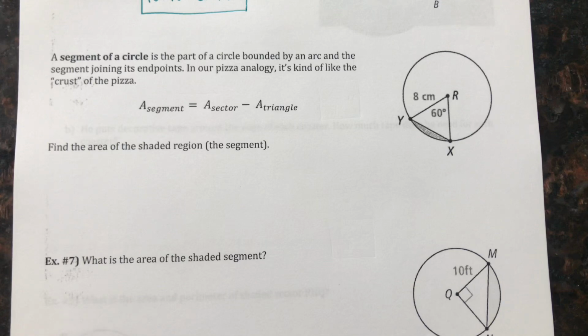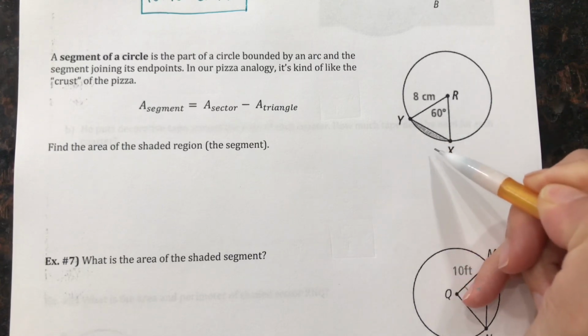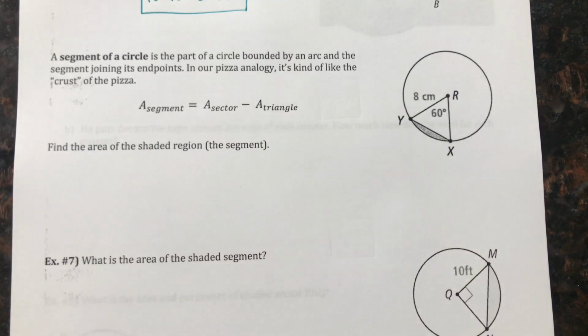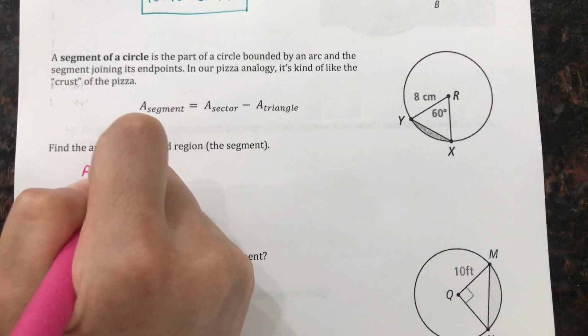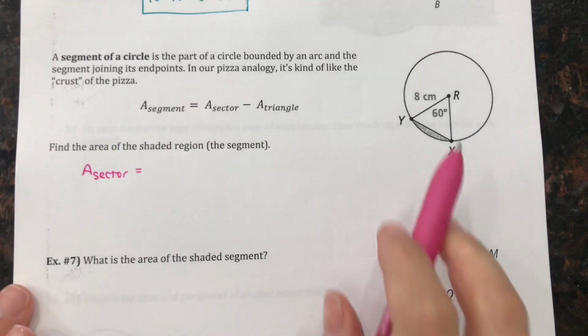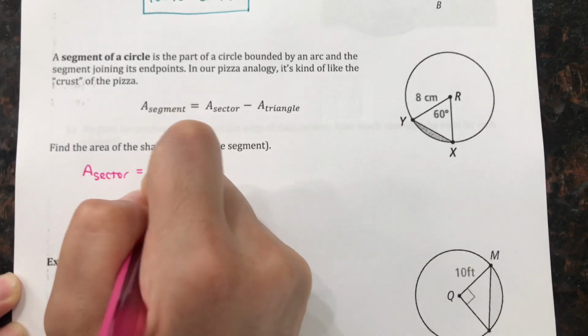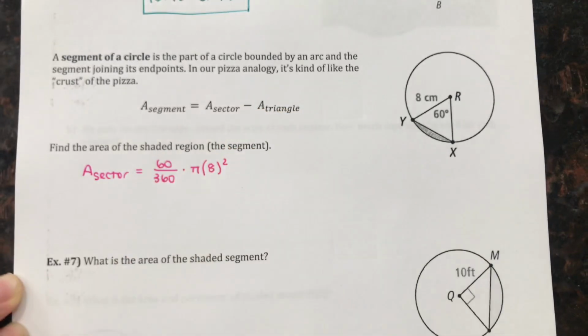So in order for us to find the area of this portion, we start by finding the area of the whole slice of pizza, and then we take away the area of this triangle, okay? So if I'm looking for the area of the sector, it's equal to, well, we've got 60 over 360 times pi r squared.